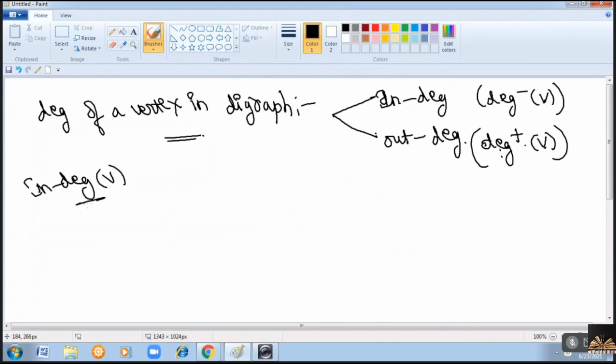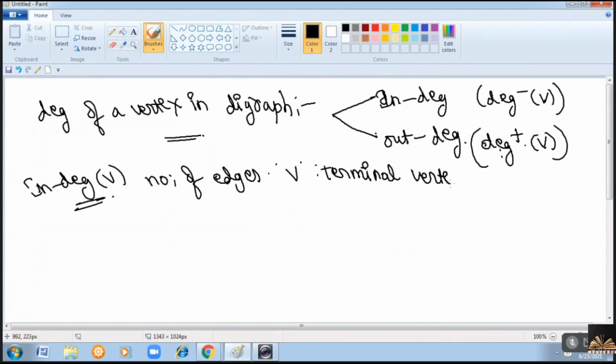Now, what is this in degree? In degree of a vertex is the number of edges where the vertex V is a terminal vertex. The opposite of this is out degree.